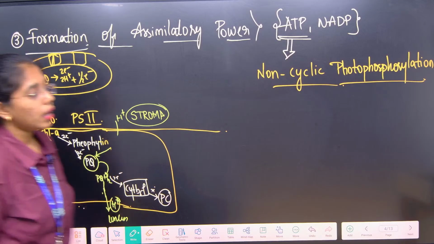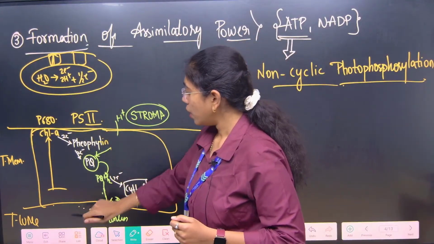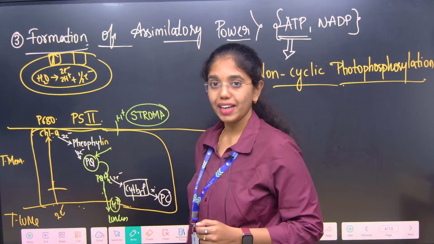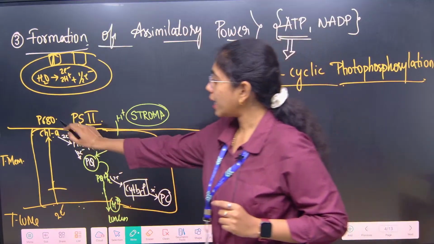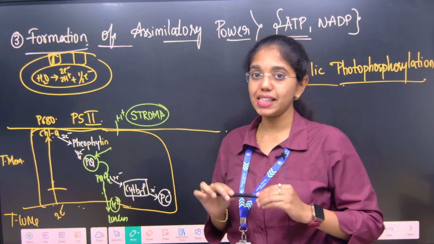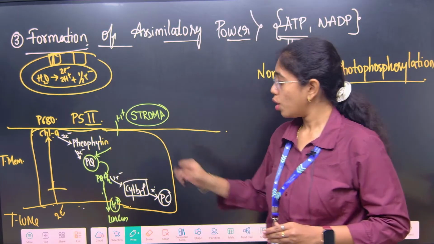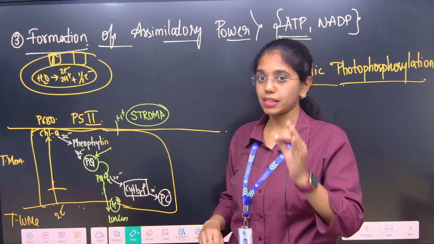Listen all carefully. So, here in photosystem 2, the electrons first get excited to chlorophyll A, which is the primary acceptor at the reaction center. And here the absorption maxima is P680. From here, the electrons are first given to pheophytin. Pheophytin is the primary electron acceptor.